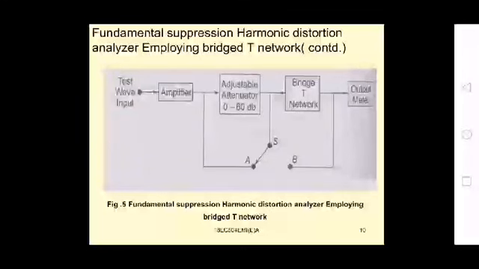By that you can select different types of attenuation for your test wave input, and that is given to the bridge T network. Then the bridge T network bypasses the entire fundamental frequency component and it will allow only the harmonics. So that will be calculated and calibrated.